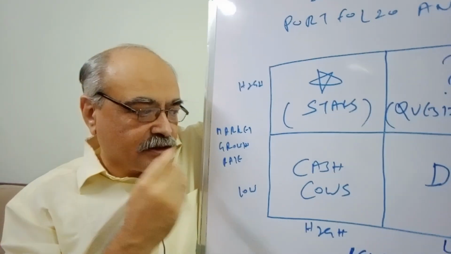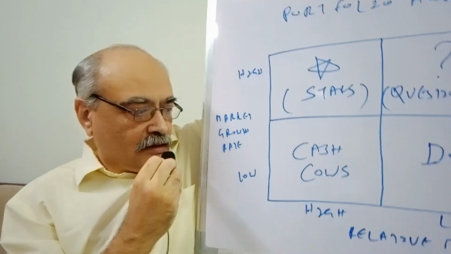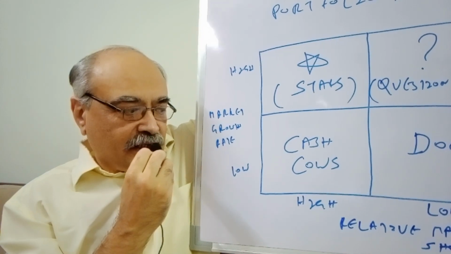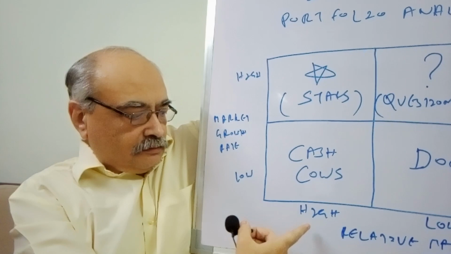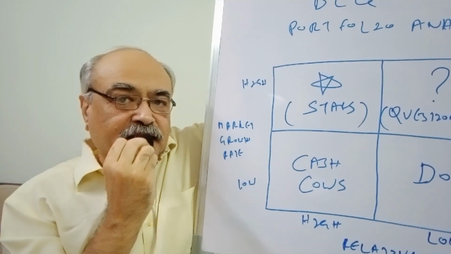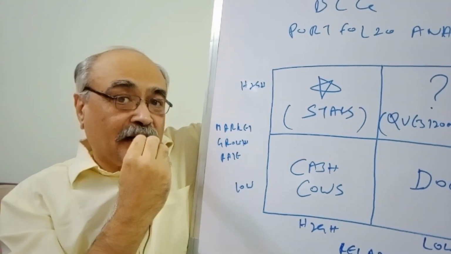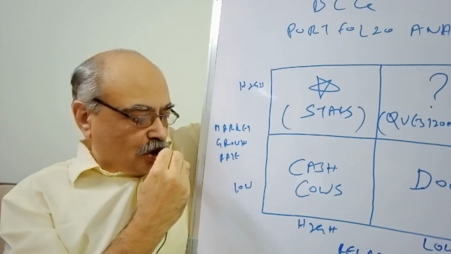That is known as a cash cow business. The cash cow business is in a market in which you have high market share, but the market growth rate is low.